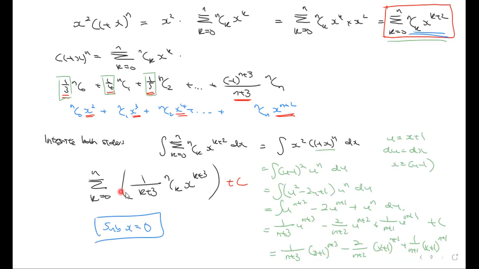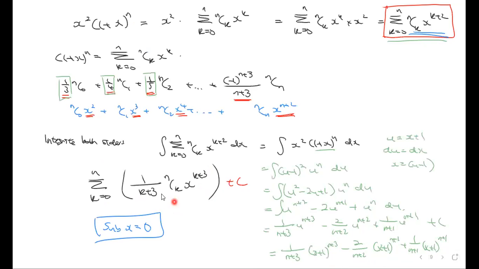If you sub x equals 0 for the purpose of finding out c, I'm going to end up with nothing left on the left except c. I still have the coefficient at the front, but I can deal with that. So in other words, if I sub x equals 0 in there, I'm just going to get c on the left, because I stress again, every single term in this sigma, this sum, has gone, because you're multiplying by 0.